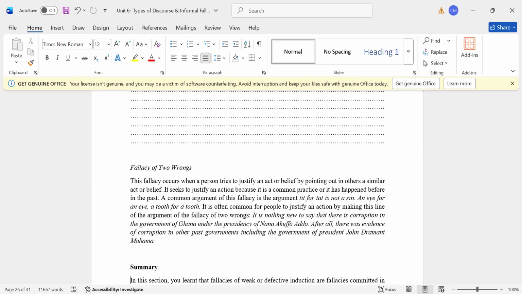The fact that the previous government did what was wrong does not justify you doing the same thing which is wrong. Or in life, you have done what is wrong, and your wife or your husband has not complained about it. That does not mean that you are justified to continue to do it.